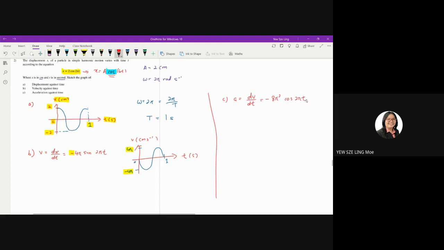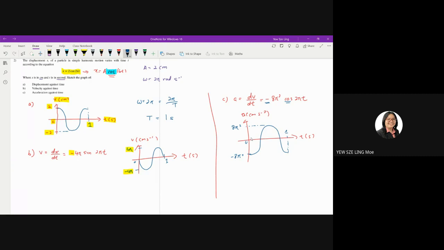Now you have a negative cos function, a in cm s^-2, so an inverted cos, because you have a negative sign with the cos. So its shape is like this. Again you have 1 second here, and then negative 8 pi squared, 0, and then the maximum value would be 8 pi squared. So that is the answer for question 2.